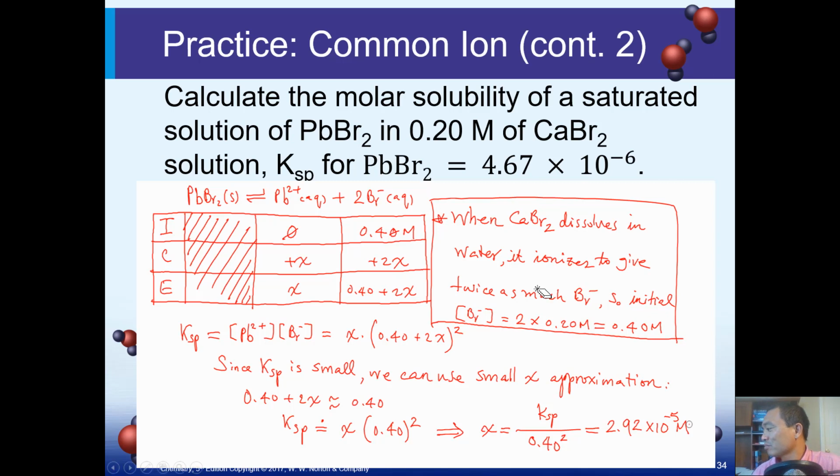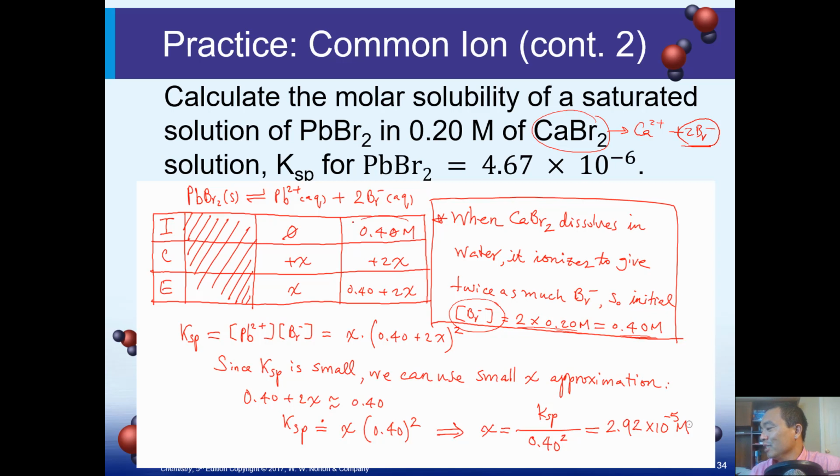So if you have 0.20 molar CaBr2, you can actually write that, but it's not an equilibrium. It will ionize to Ca2+ and 2 Br-. That's not an equilibrium, it's 100% ionized. So for each CaBr2, you will generate twice as much Br-. That's why the initial concentration for Br- is twice as much as 0.2.